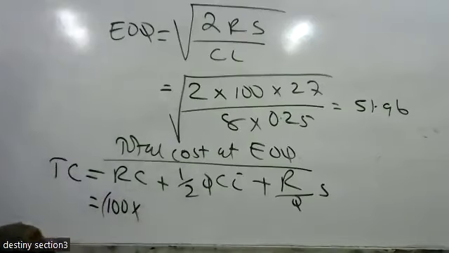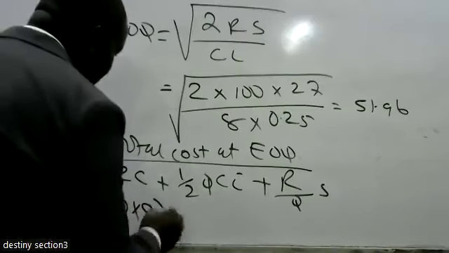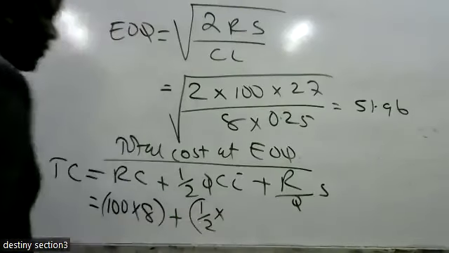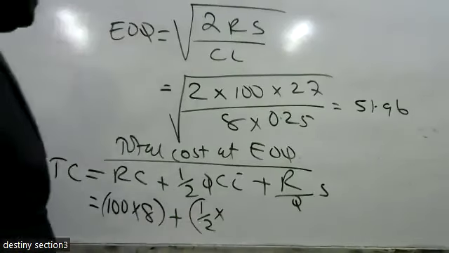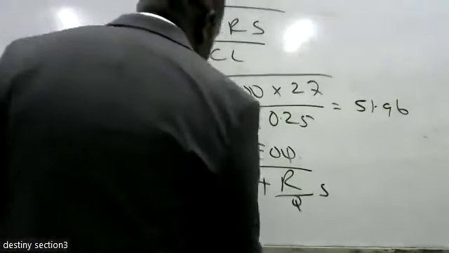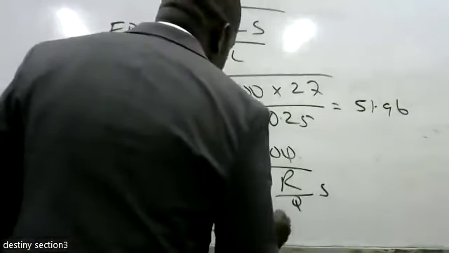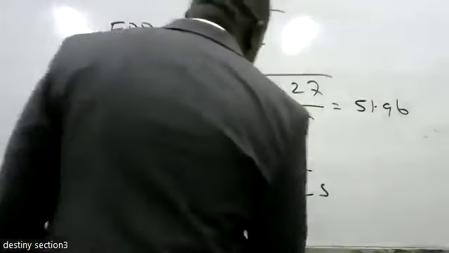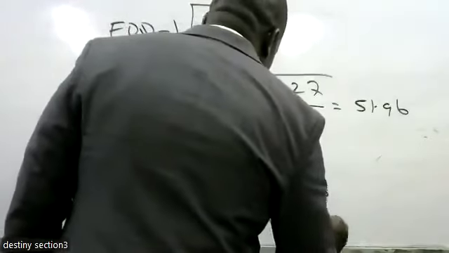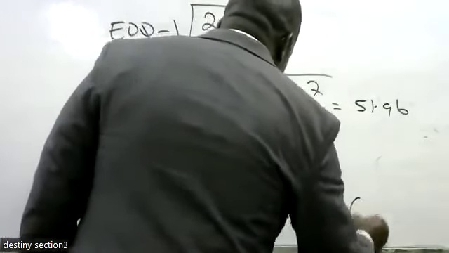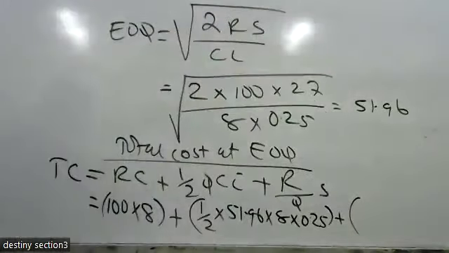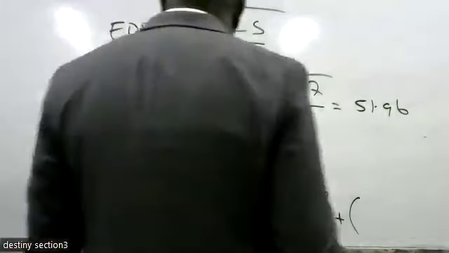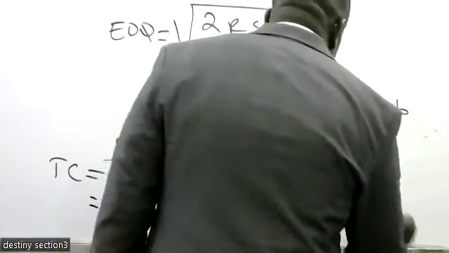Our C is which figure? Then a half. So Q, you have said it is 51.96. Then C is 8. I is 0.25. Then plus R. So R is 100.